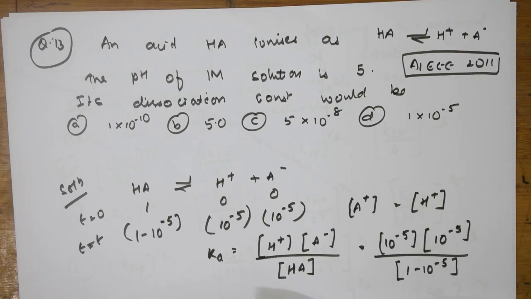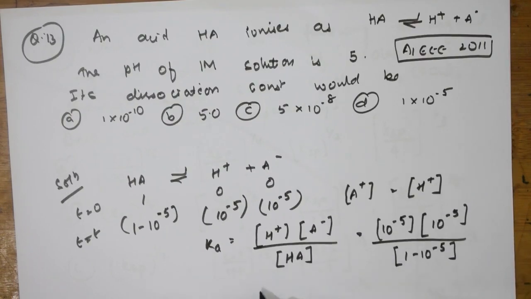So now let us write this. 1 is very much greater than 10 raised to the minus 5, isn't it? Yes, when I compare these. That means I can write 1 minus 10 raised to the minus 5 as approximately 1. Then what will Ka be?